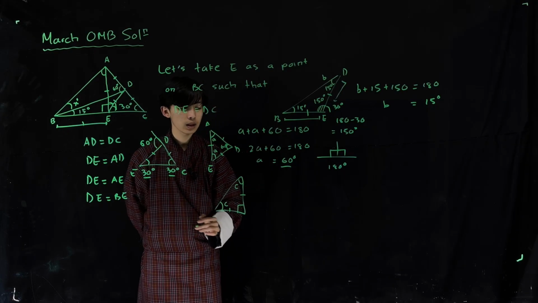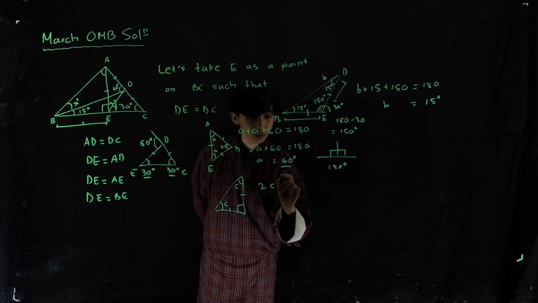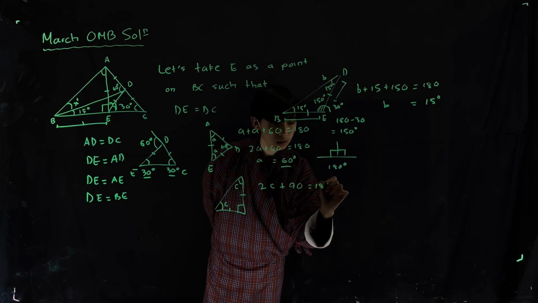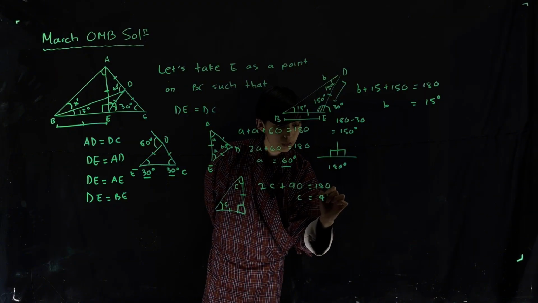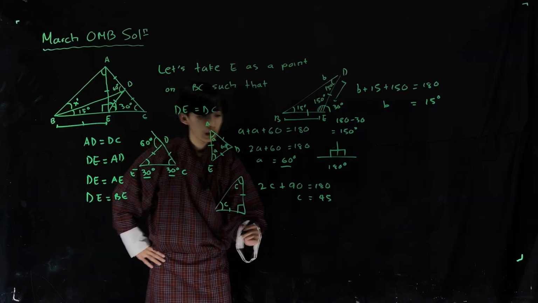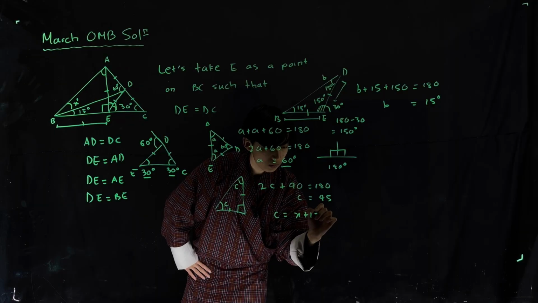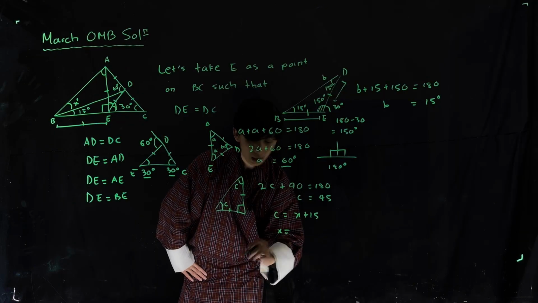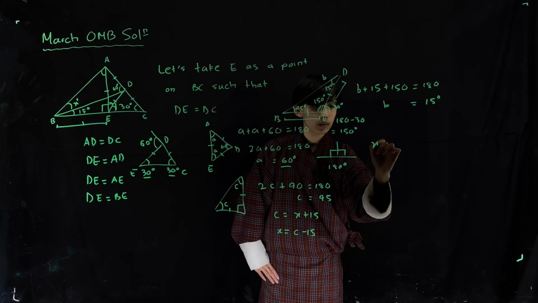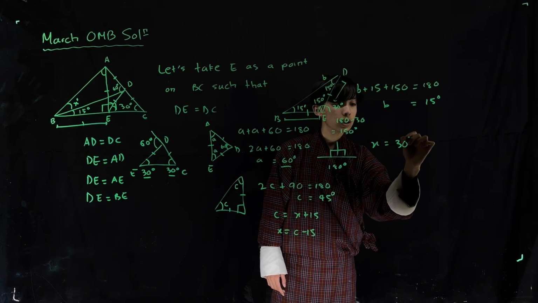Let's consider this as C. The total angle in a triangle is equal to 180, so 2C plus 90 is equal to 180, and we get C as 45. But that's not our answer, because C is the whole angle given here. We know that C is equal to x plus 15. If we make x the subject, we get C minus 15. So x will be equal to 45 minus 15 degrees, which is equal to 30 degrees.